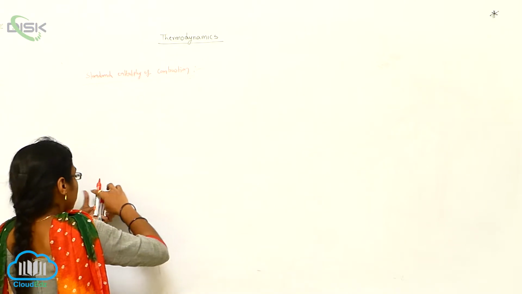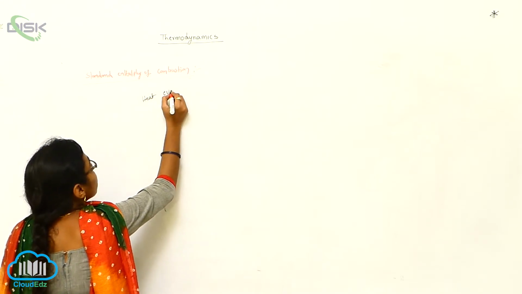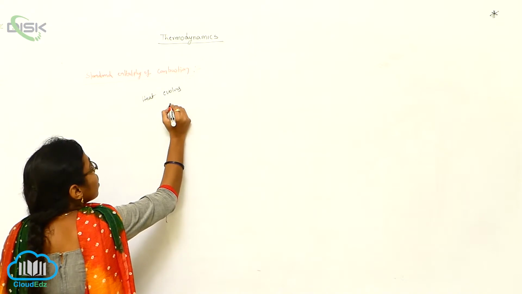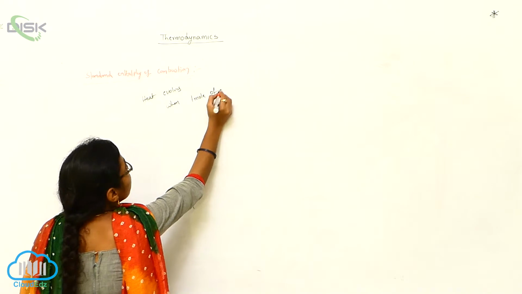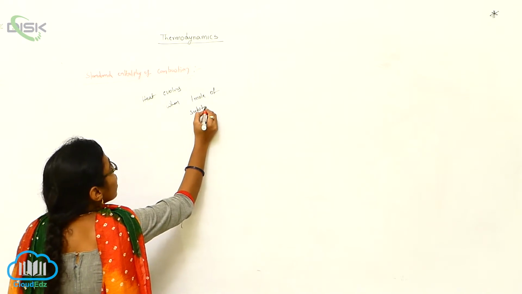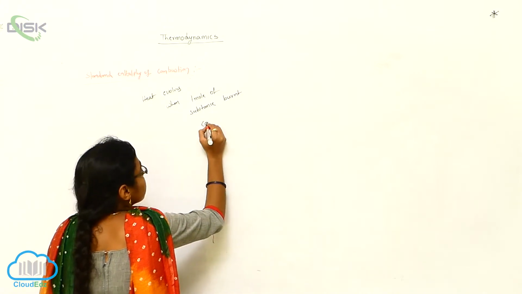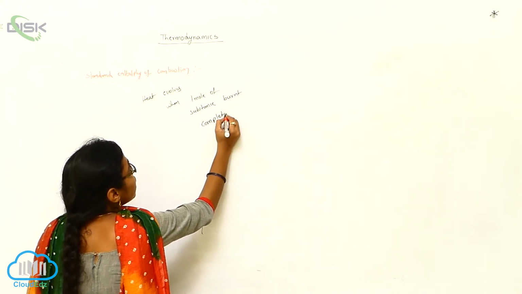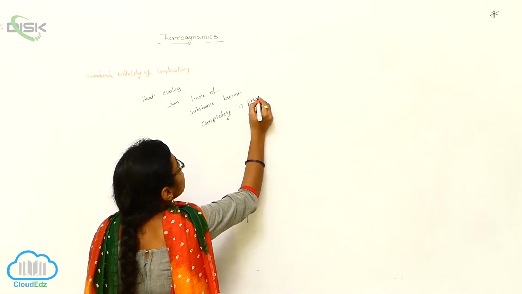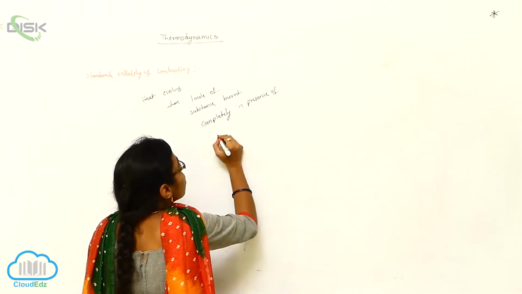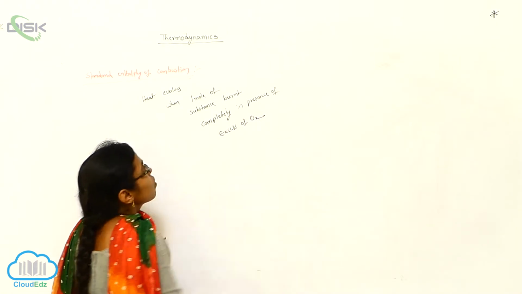You can write what is the word here: heat evolves when 1 mole of substance burns completely in presence of excess oxygen.